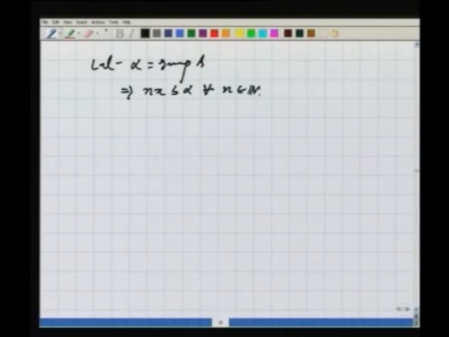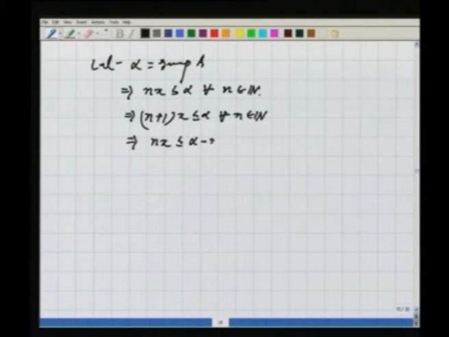That also means that (n plus 1) x is also less than or equal to alpha for all n, because if n is a natural number, so is n plus 1. Well, this implies that n x is less than or equal to alpha minus x. Notice that this alpha minus x is positive.